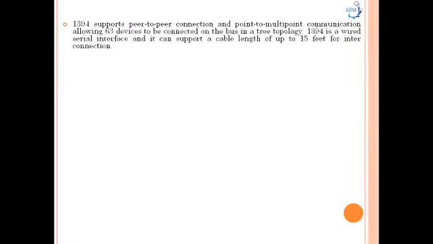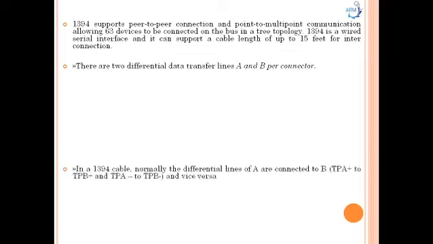The 1394 supports a peer-to-peer connection and point-to-multipoint communication, allowing 63 devices to be connected on the bus in a tree topology here. And 1394 is a wired serial interface, and it can support a cable length of 15 feet for interconnection here. There are two differential data transfer lines, A and B, per connector.